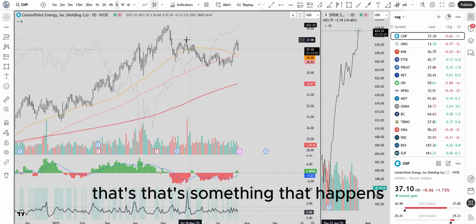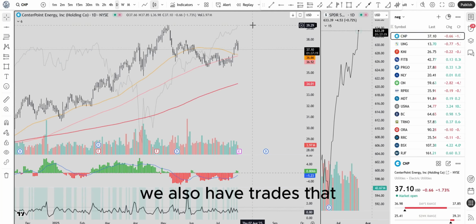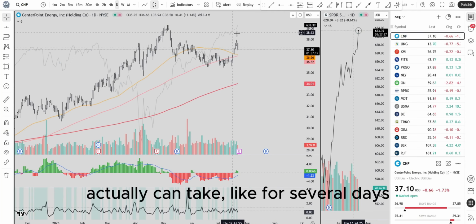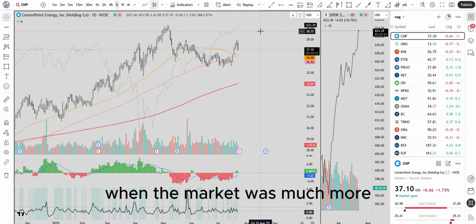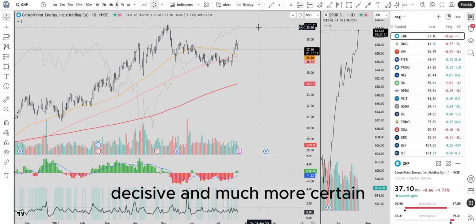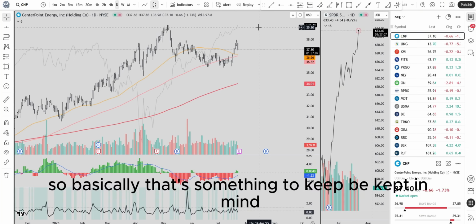That's something that happens. But depending on the market context, we also have trades that can take several days. Like in the previous periods when the market was much more decisive and much more certain, we had trades which we held for a couple of weeks. So basically that's something to be kept in mind.